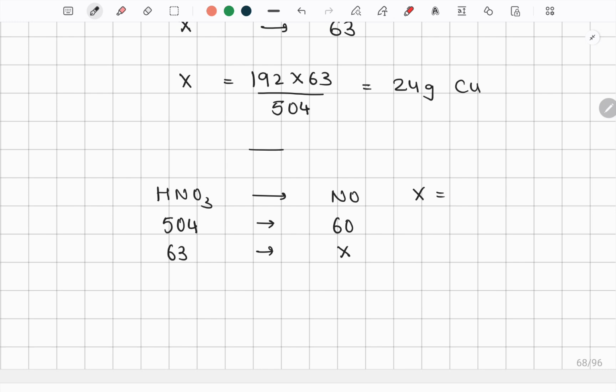So the value of x would be equal to 63 into 60 divided by 504. When you solve this fraction, you get the answer 7.5 gram of nitric oxide.